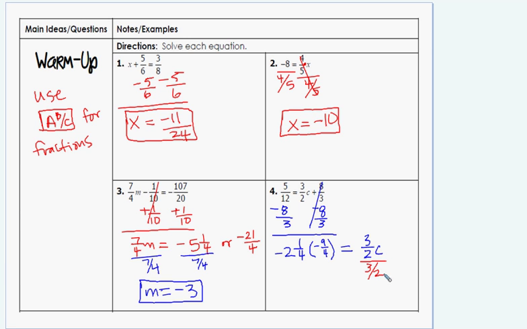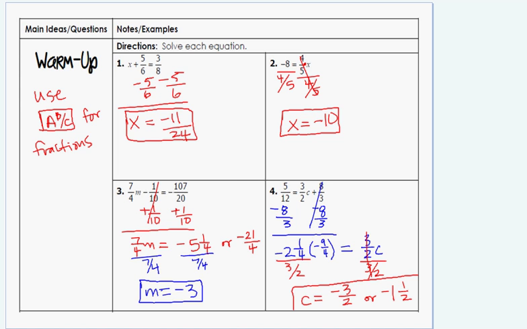And so in order to do that, I'm just going to divide it off. Cancels here. And I end up with c equal to negative 3/2. Or, if you have the mixed number, negative 1 and 1/2. So these were our warm-ups to kind of get us started with fractions and taking a look at those.